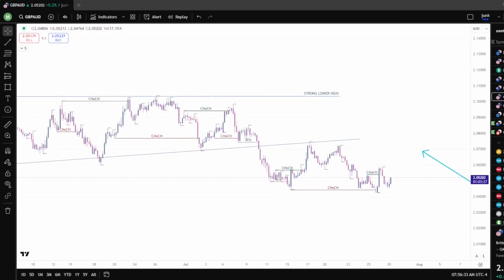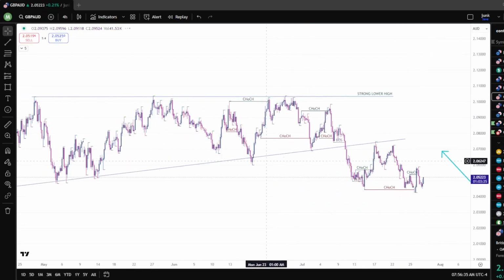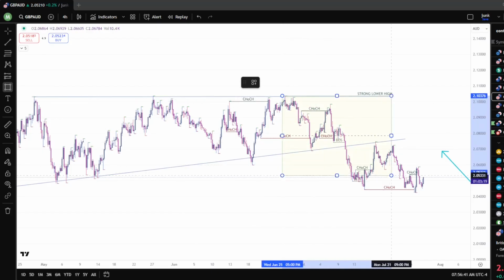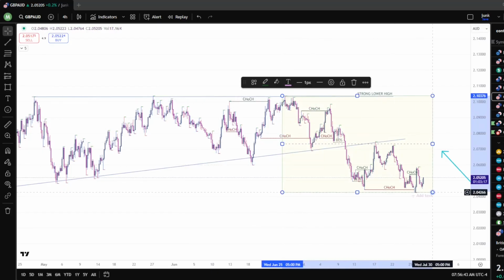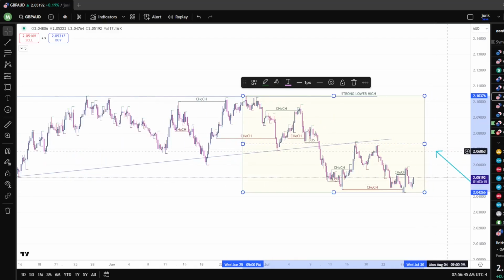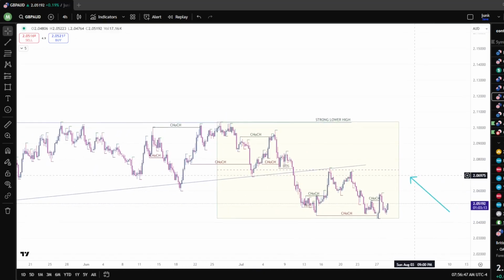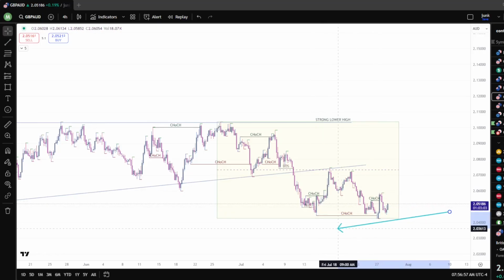GBP AUD, it's going to map out the current range. But I believe we are back inside this overall range. This would have been the low that broke these lows, but price didn't have a strong close under the lows.